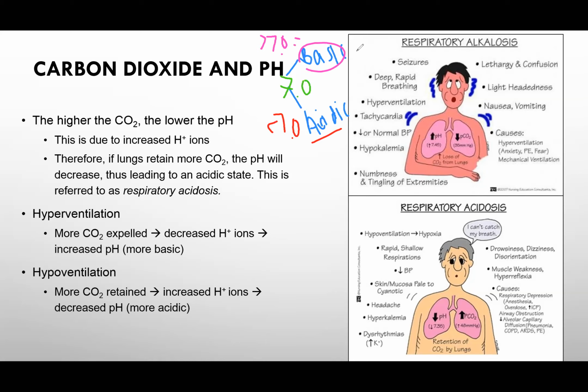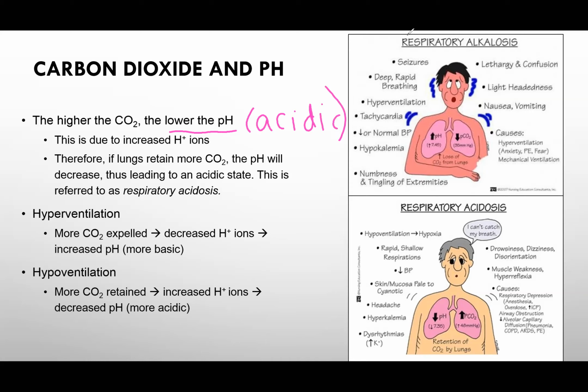All right, so with that in mind, the higher the amount of CO2 that you have in your blood, the lower the pH is going to be. Okay, and so lower pH, we're talking about making our blood acidic.